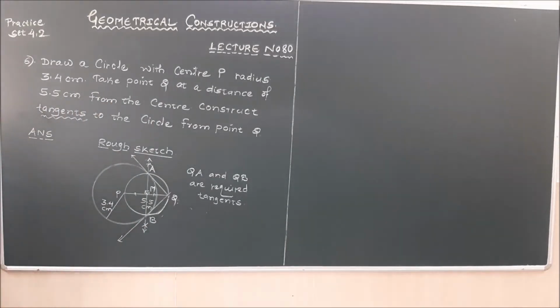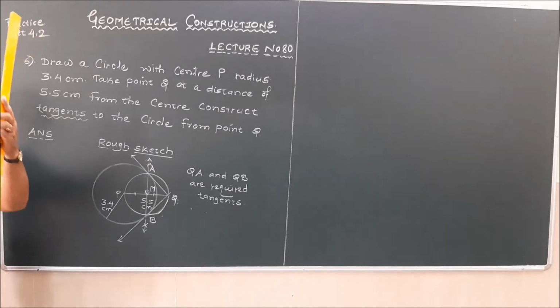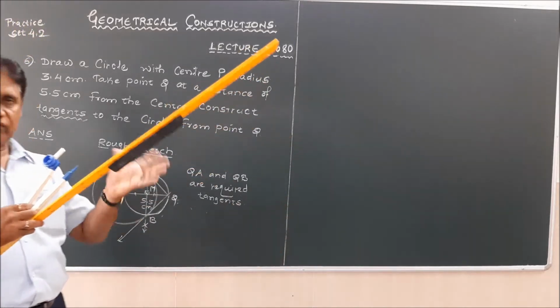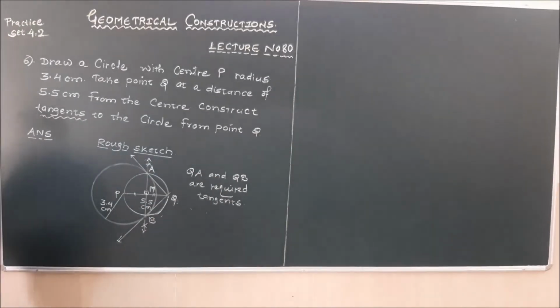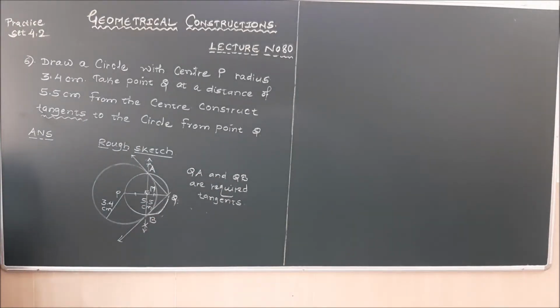So first of all, let's draw a circle of radius 3.4.